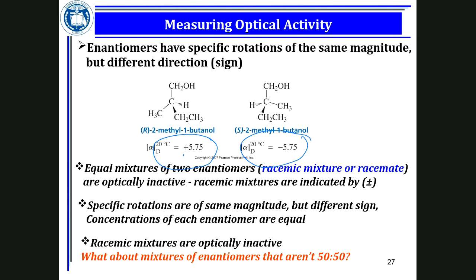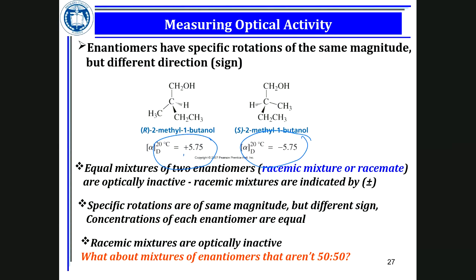So if you get a 50-50 mixture, you will have no rotation. The net rotation is going to be 0 because you have 50% of each enantiomer. If one enantiomer rotates to the right side, the other one rotates to the left side. Since you have the same percentage of the two enantiomers in the mixture, the net result is going to be 0.